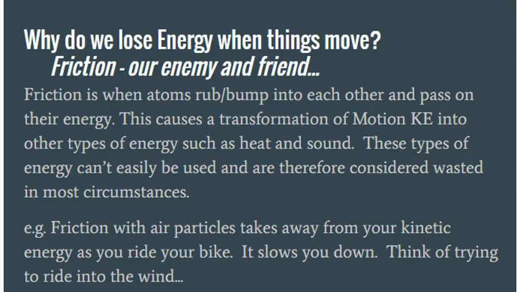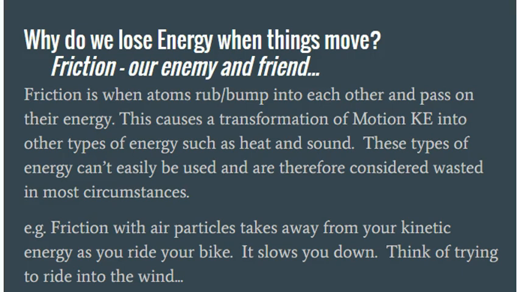You might ask, why on earth are we losing so much energy? It's because every time something moves or transforms or transfers, we have a little friend called friction. Now, friction is our enemy and it's our friend.